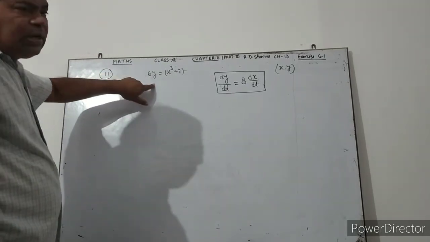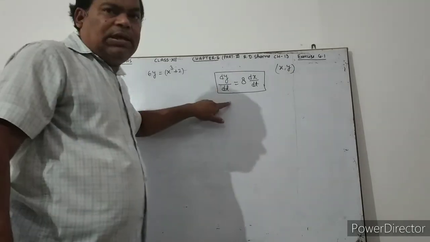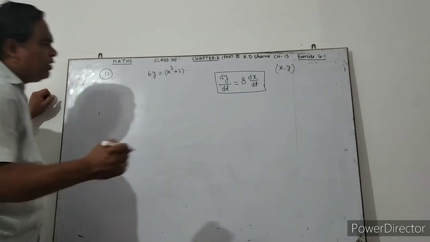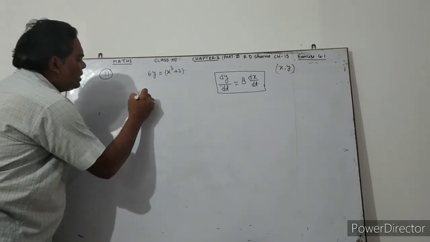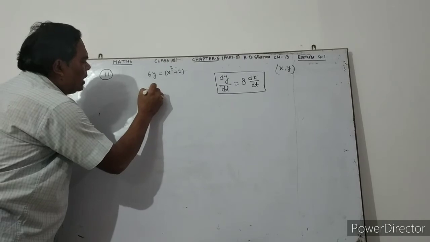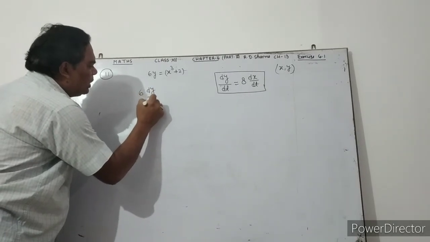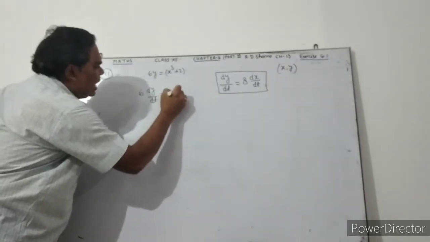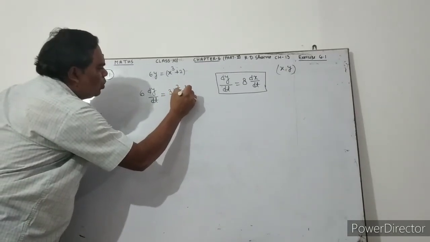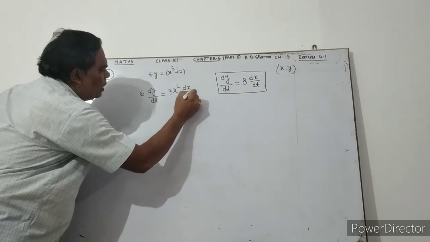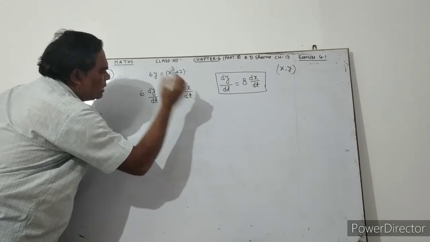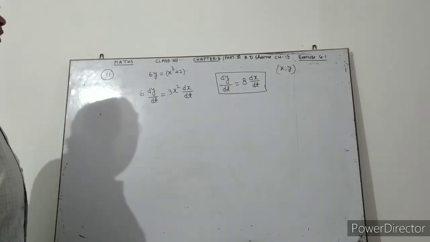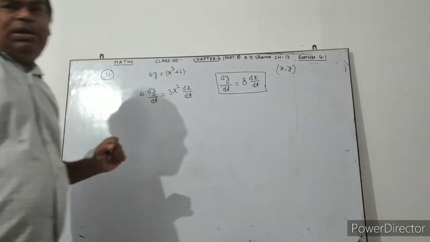Now this is the equation and this is the condition. Now differentiate with respect to time. When differentiating with respect to time, 6 dy upon dt equals 3x squared into dx upon dt. Now, the value of dy upon dt is 8 dx upon dt.